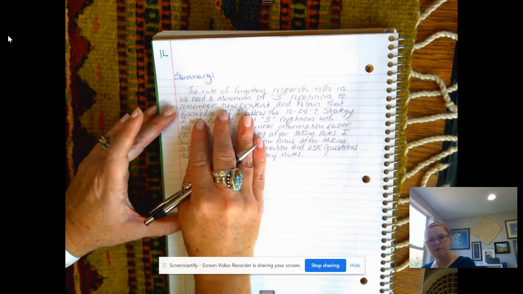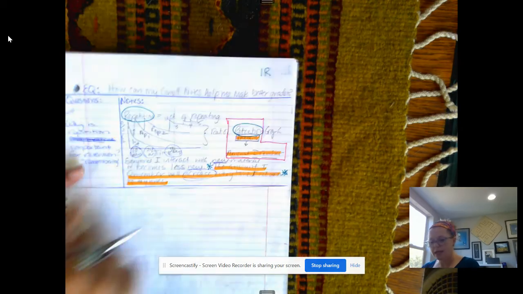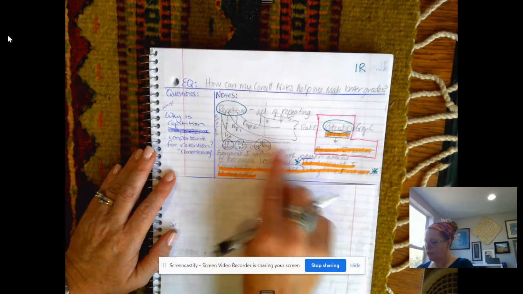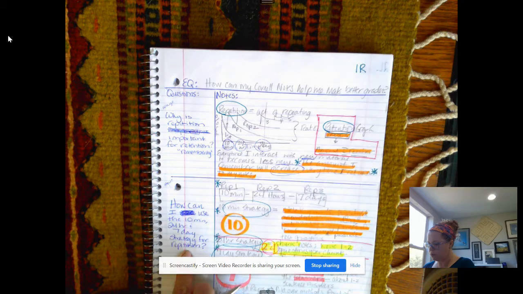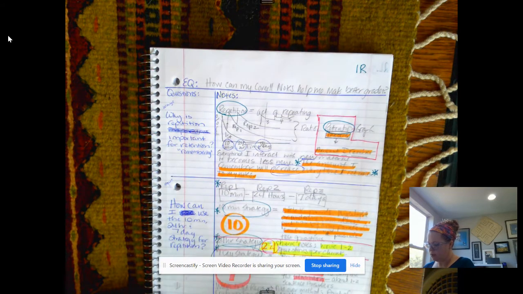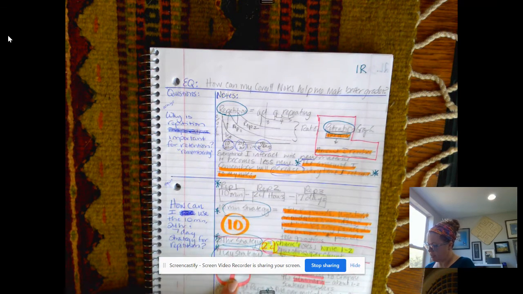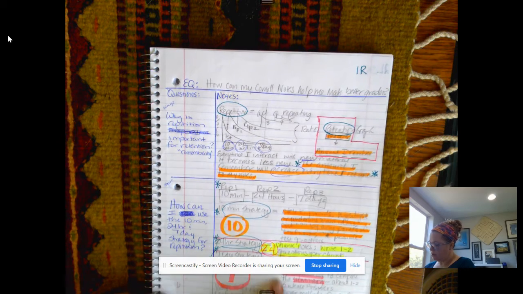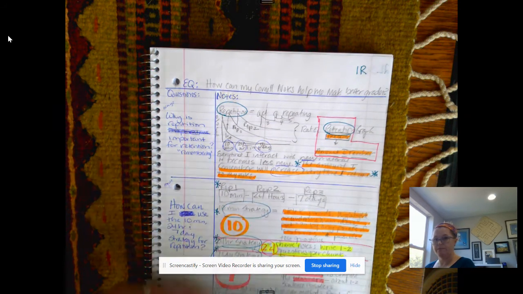My answer to this question is right here. My answer to this question is right here. So the seventh strategy says that I'm going to read all the questions and I'm going to answer the questions in my summary.